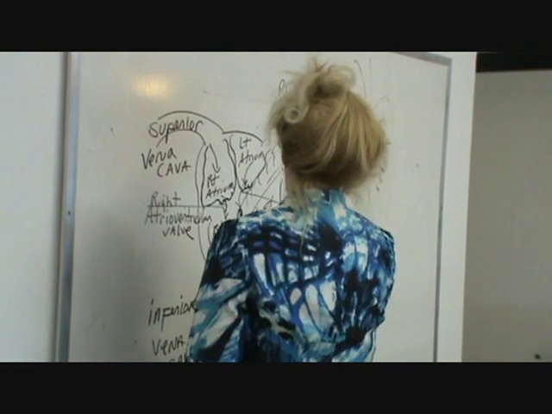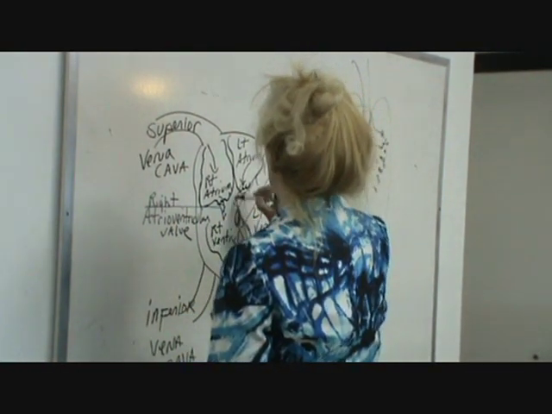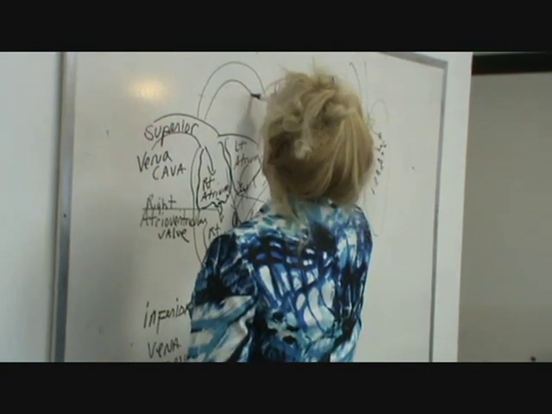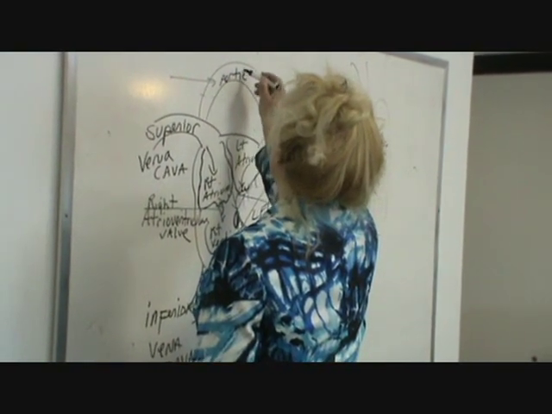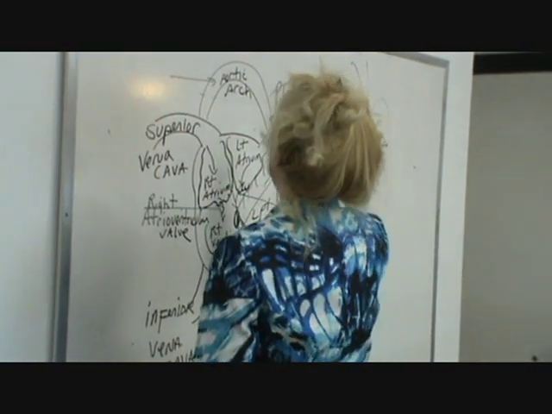So the blood's going to go through this aortic semilunar valve, and it's going to go up and outward into what a lot of you are familiar with. Here is the aortic arch, or aorta, the largest artery in the body.